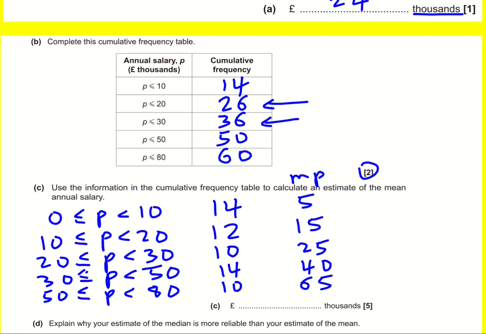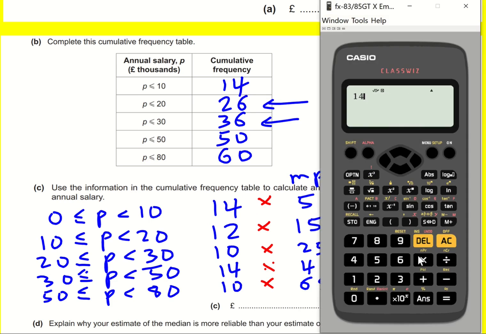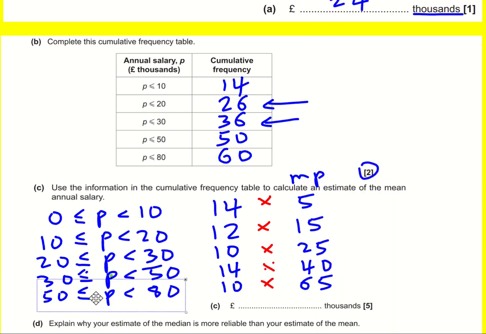So it's okay. And then I need to multiply them together because I'm basically saying I've got 14 values that are 5. I've got 12 values that are 15. So I figure all these out. Use a calculator for this. That one's going to be 70.